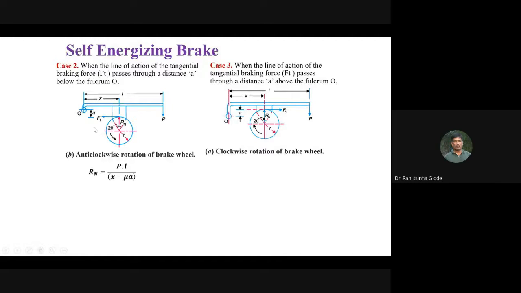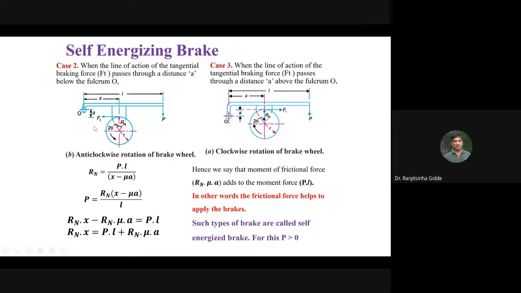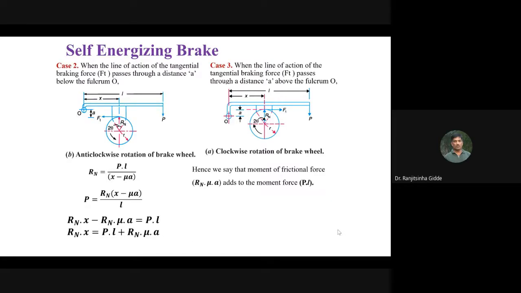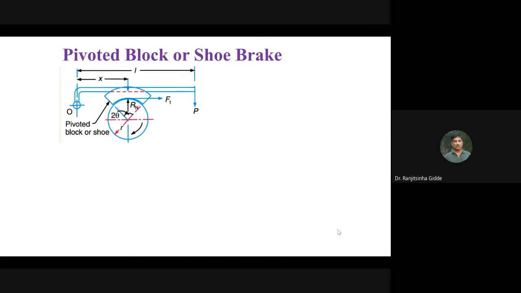Then in case of self-energizing, P is greater than 0, and in case of self-locking, P is less than or equal to 0. Okay. So this is about the shoe brake.